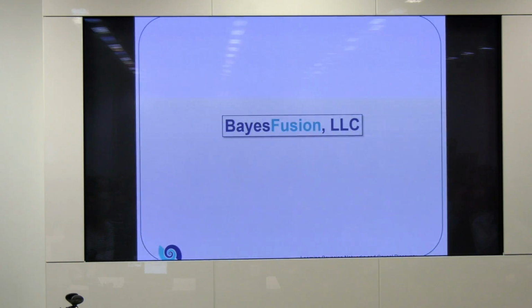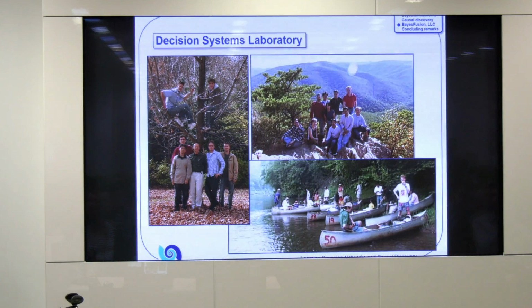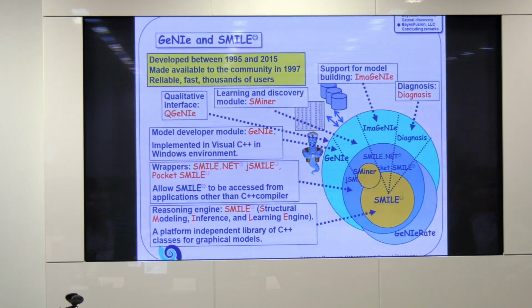A little bit about our company. This is when we were still at the university lab, with a lot of enthusiasm. Over time, we had 20 or 30 people doing different things. Here is the software, still a university picture. In 2015, we created a company.